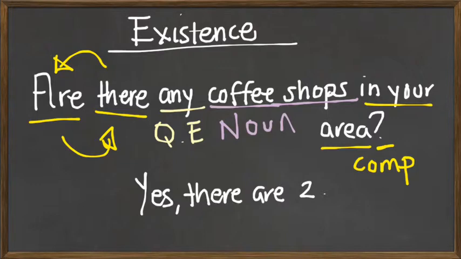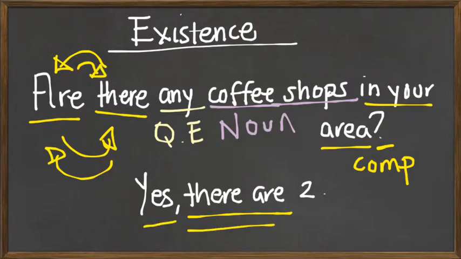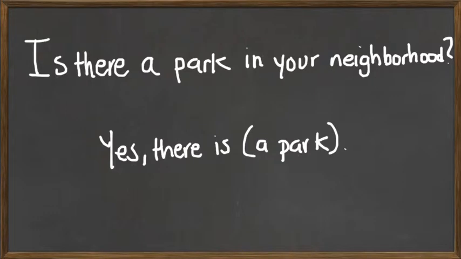If the answer is yes, all we have to do is use the same expression we used in the question. But we make the inversion again, we make the inversion back, and the result is yes, there are 2. And this is optional. Let's continue. In the singular form, we have, is there a park in your neighborhood?